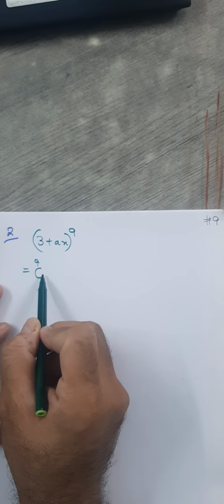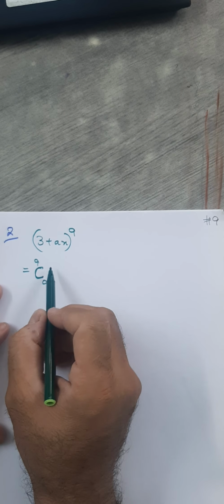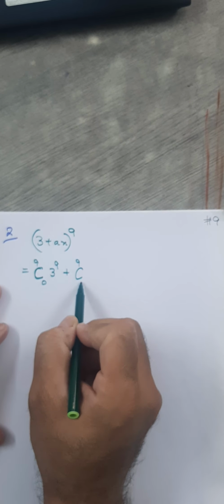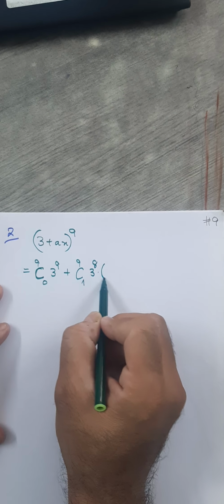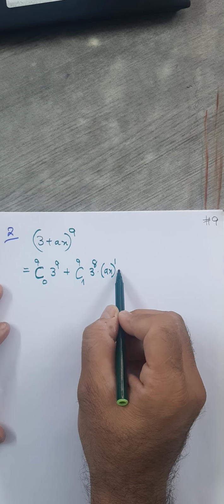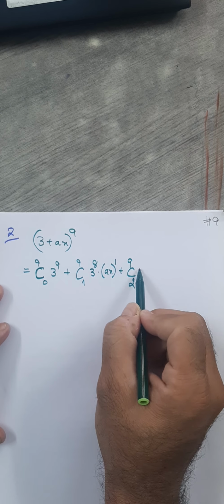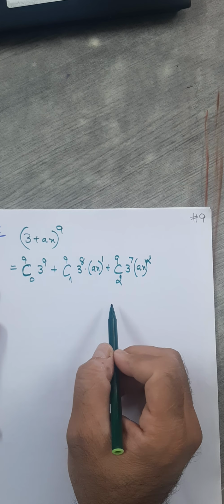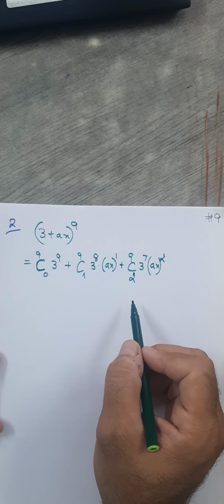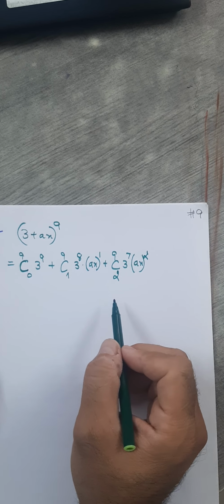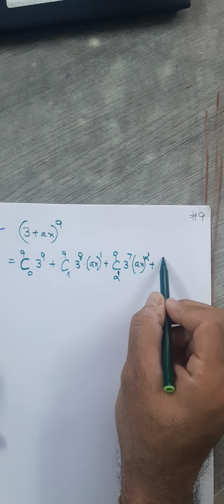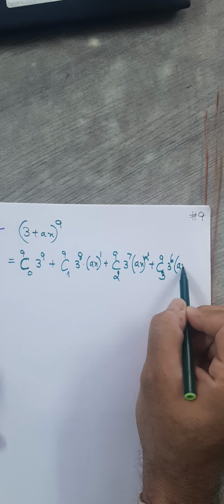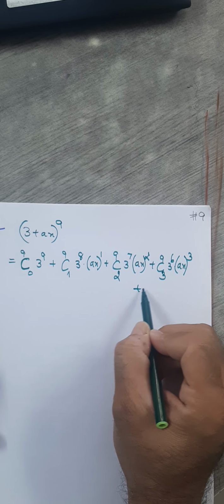So I'll just expand it. 9c0 into 3 raised to 9, plus 9c1 into 3 raised to 8 into (ax) raised to 1, plus 9c2 into 3 raised to 7 into (ax) the whole square, plus what we'll get here, 9c3, 3 raised to 6 into (ax) the whole cube, and so on.